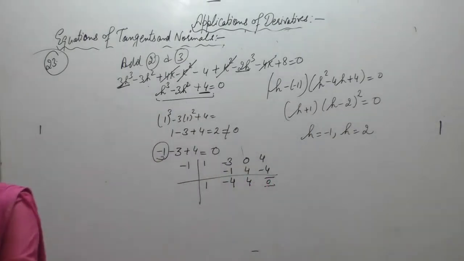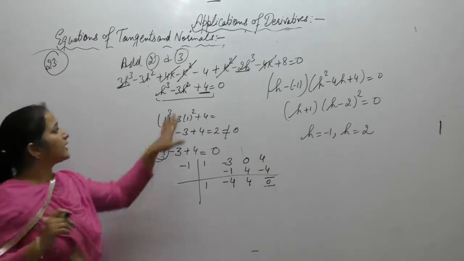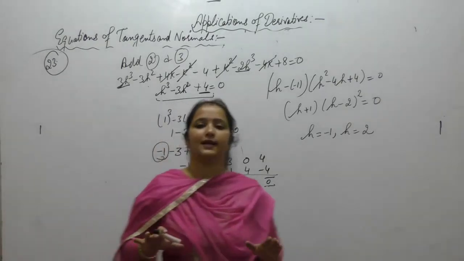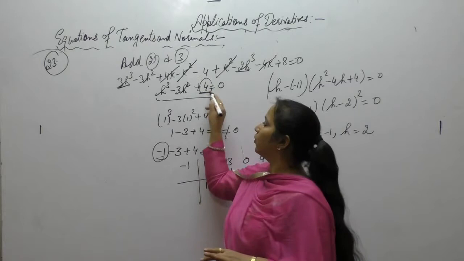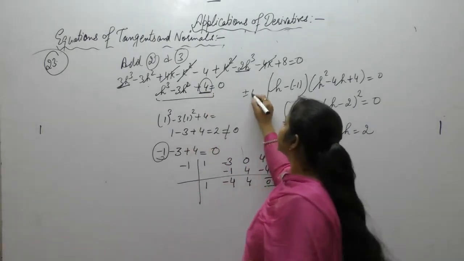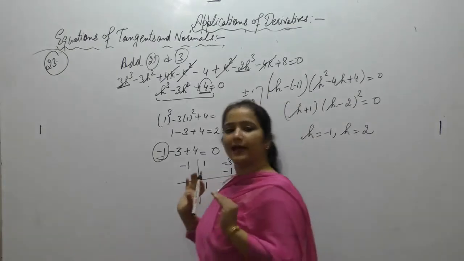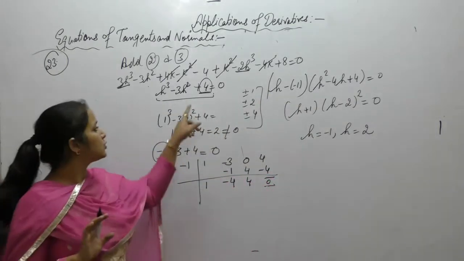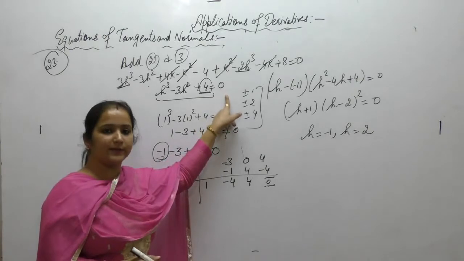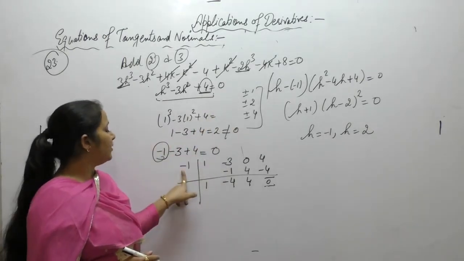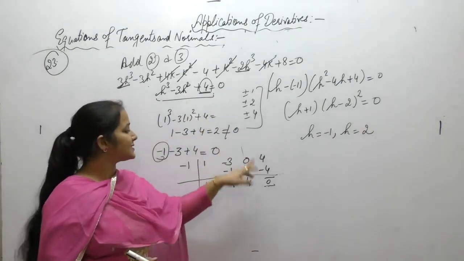Clear up to here? How to solve the cubic? Look at the factors of whatever the constant term is. Factors of 4: plus minus 1, plus minus 2, plus minus 4. Check any of these factors so that the answer will be 0. Now when we put minus 1 here, the answer is 0.